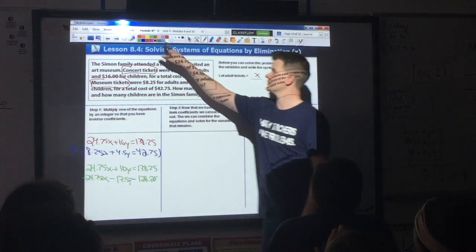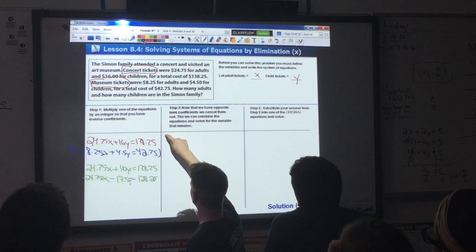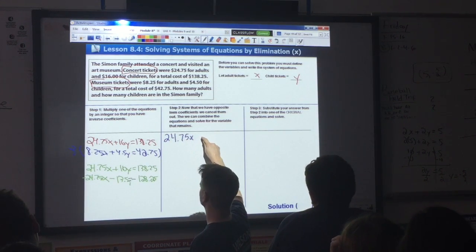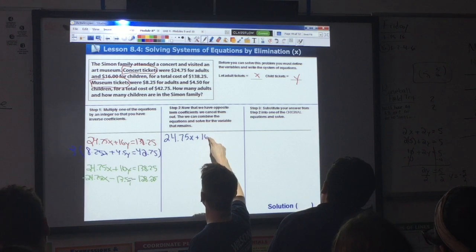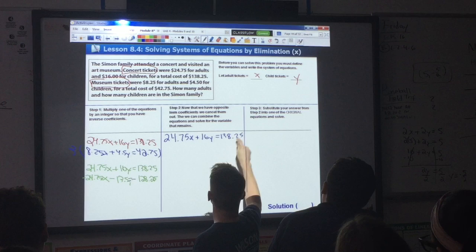Let me rewrite it over here so you can see exactly what we are working with. Write the whole thing. 24.75x plus 16y is equal to 138.25.